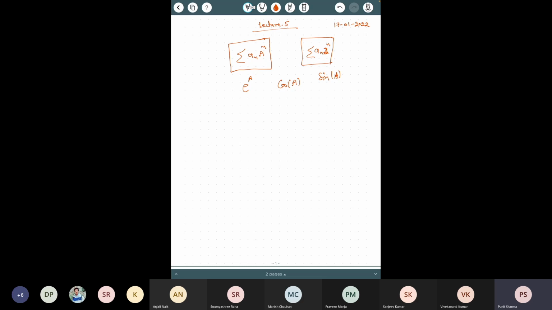This we wanted to answer, and that's how we felt that we possibly need some kind of measure for the size of a matrix, and this is what we were trying to do in the previous lectures. So in today's lecture, our aim is to answer this, and we will try to conclude the section on norms and matrix norms today. In the next class, we will start matrix factorization. So this is the plan for today's lecture.